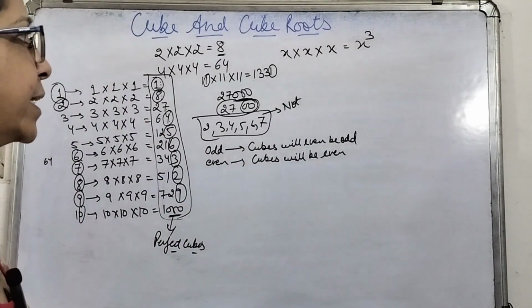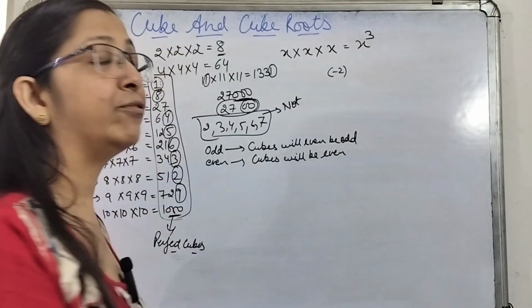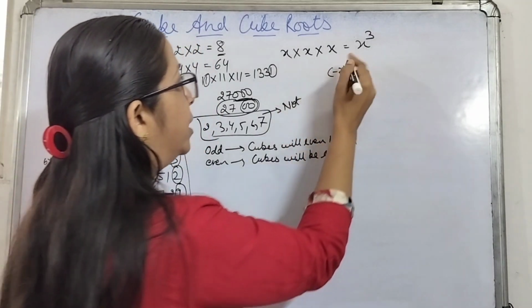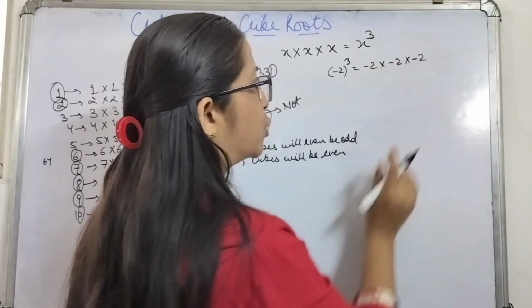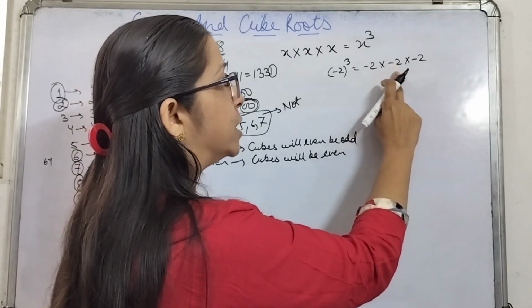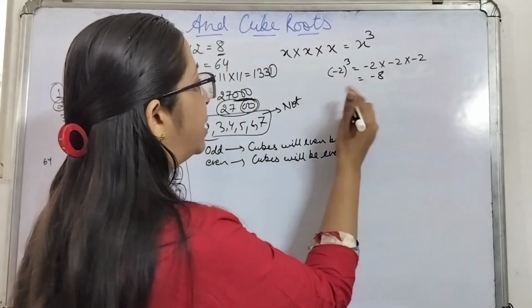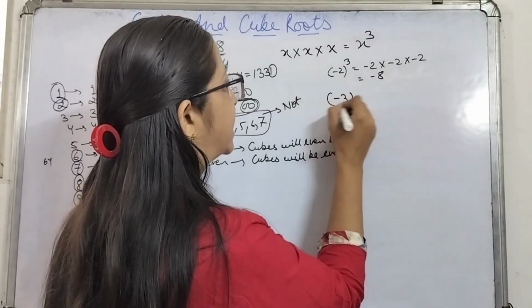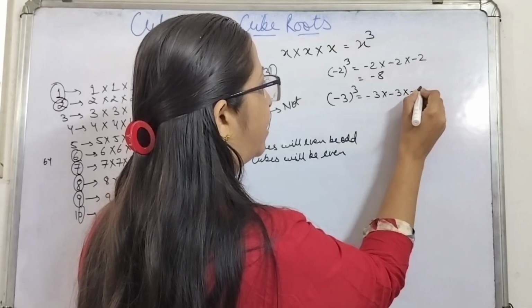Similarly, one more thing we can say, if your number is minus 2 and we find the cube of minus 2, that means minus 2 multiplied by minus 2 multiplied by minus 2. So minus 2 multiplied by minus 2 will be plus 4, and plus 4 multiplied by minus 2 will be minus 8. Similarly, if we take the cube of minus 3, it will be minus 3 multiplied by minus 3 multiplied by minus 3.